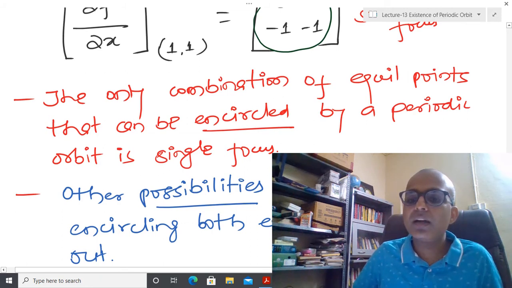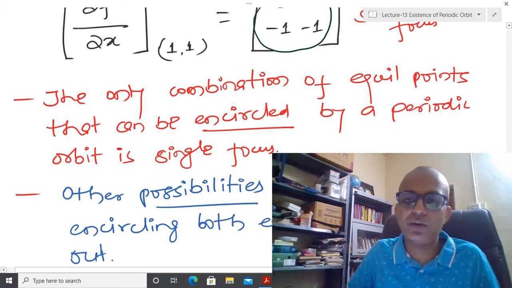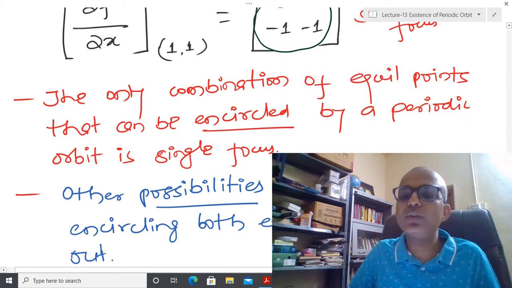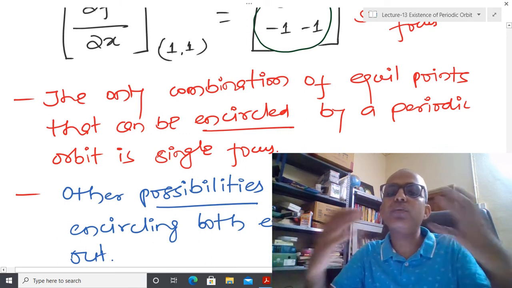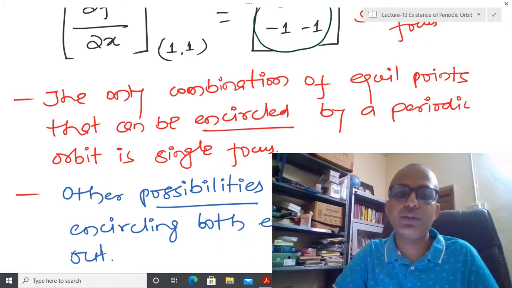At that time I have to make sure that n minus s equals 1. Suppose n equals 0, then -1 equals 1, that is not possible. So if a region only encircles the saddle point, then I cannot say there exists a periodic orbit. Using that method I can avoid, under that condition, having a periodic orbit.